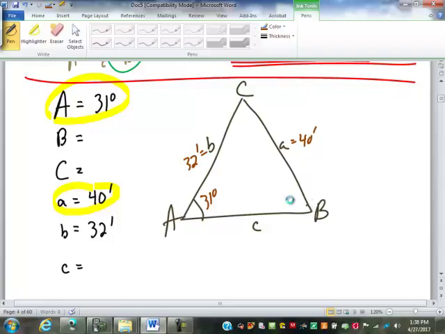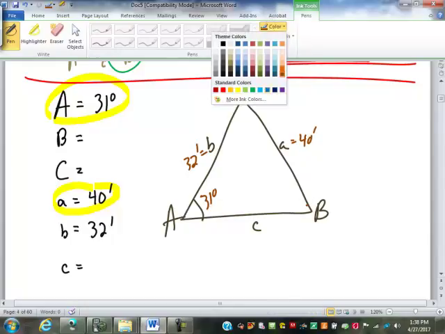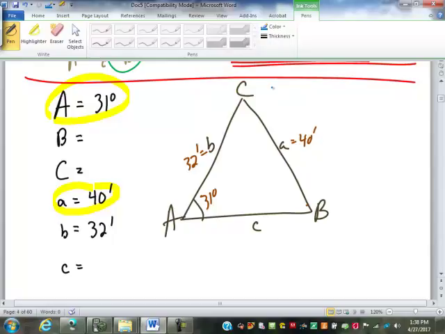It's acute and it's going to be smaller than 31, right? Angle B has to be acute because even if this one were obtuse, both of the other ones have to be acute, right? But because this side's smaller, this angle has to be smaller than this one. So this one has to be acute.